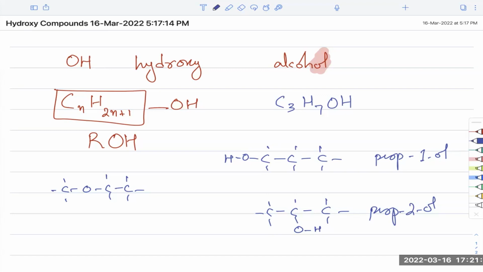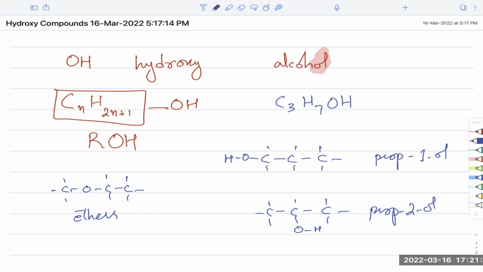This way, you are able to make things that are not alcohols but ethers. So ethers are easily formed as function group isomers of this. The prop 1-ol and prop 2-ol are positional isomers, and this one is a functional group isomer. I hope that is clear.